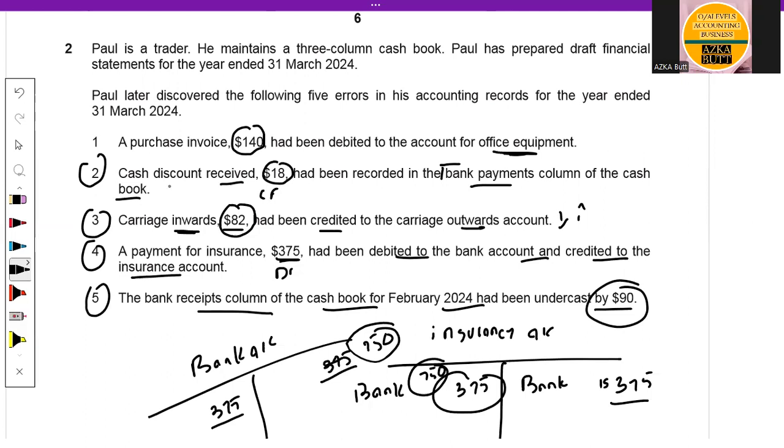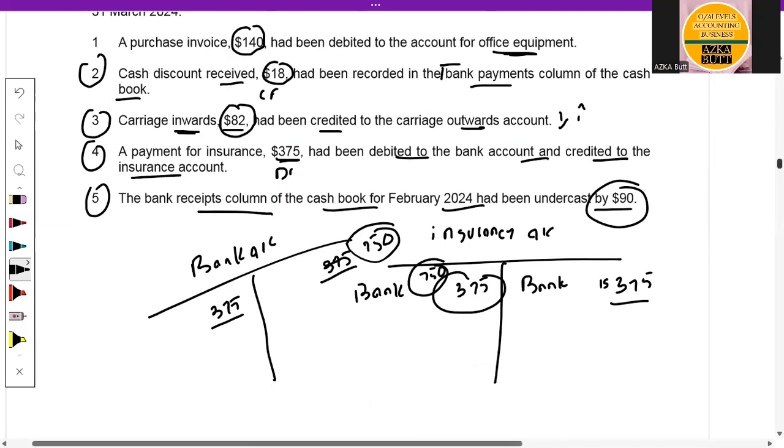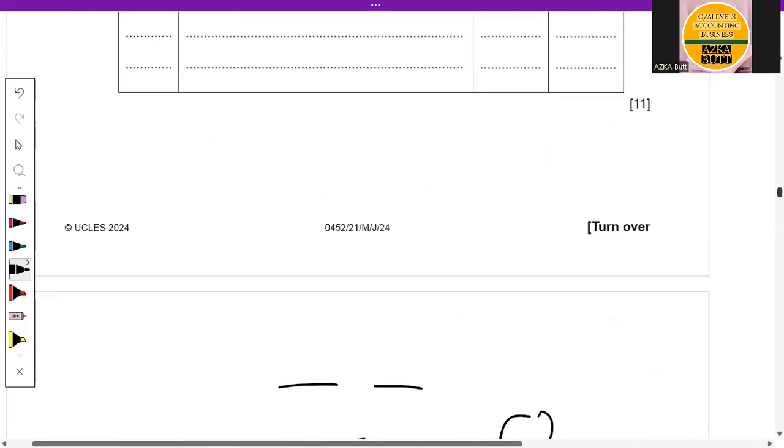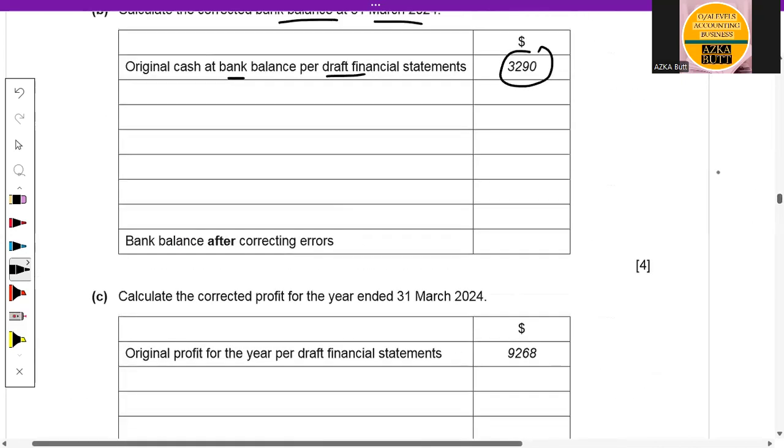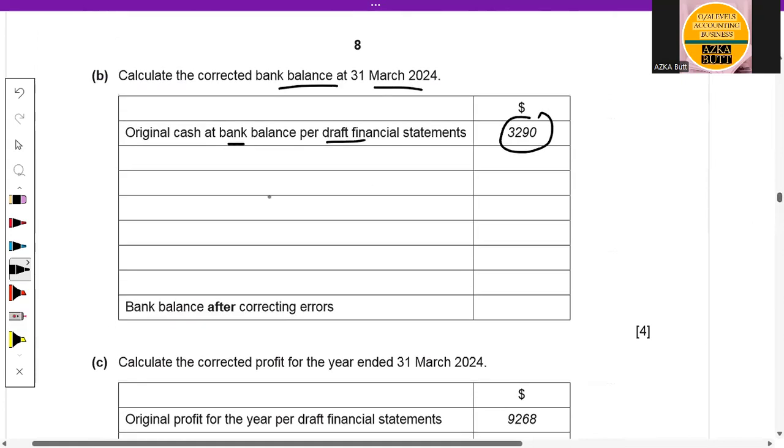Here, as you can see, we received the cash discount, which is $18, but we didn't record it. So that's why we have to record $18 now. This is the cash discount, error 2, and this is $18, so we have to add this.